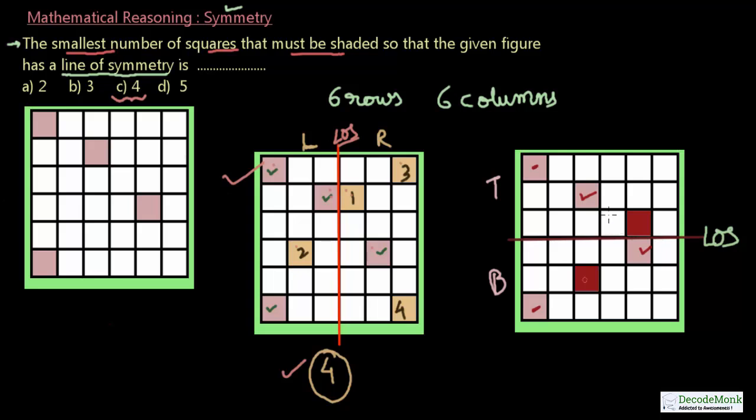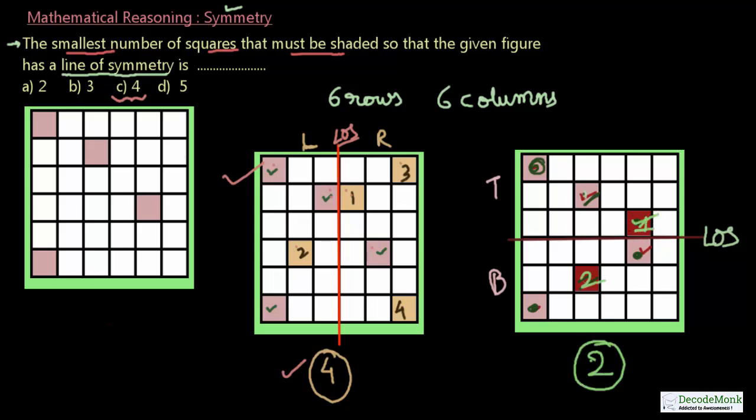This portion is equivalent to this portion, and this is equivalent to this portion, on top and bottom respectively. So how many squares have we shaded to make the figure symmetric across this horizontal line of symmetry? 1 1 2, so 2.